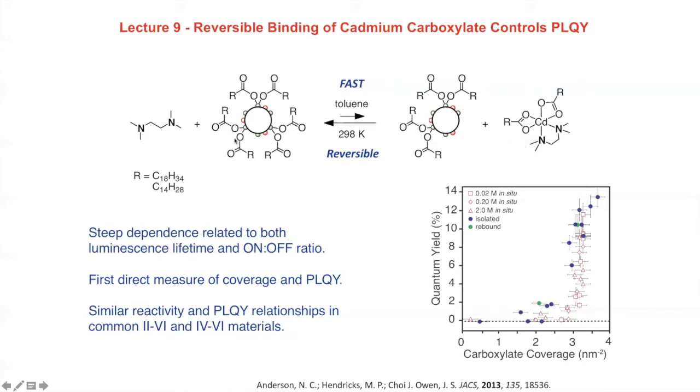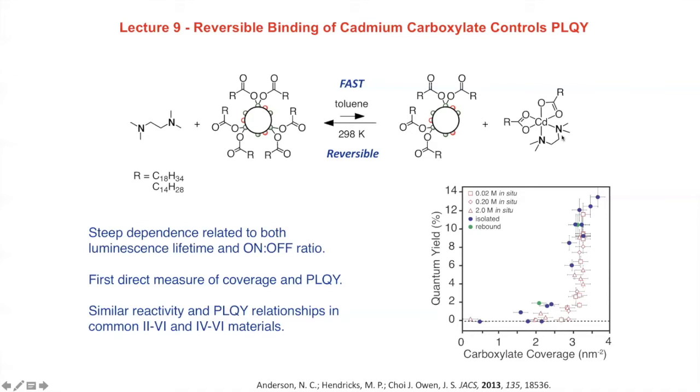And he found that this adsorption of cadmium carboxylate, or adsorption desorption process, was actually a quasi-equilibrium reaction that was fast and reversible near room temperature. And so what you're seeing here is the cadmium ions in excess being stripped off with their ligand anions and forming this complex in solution.